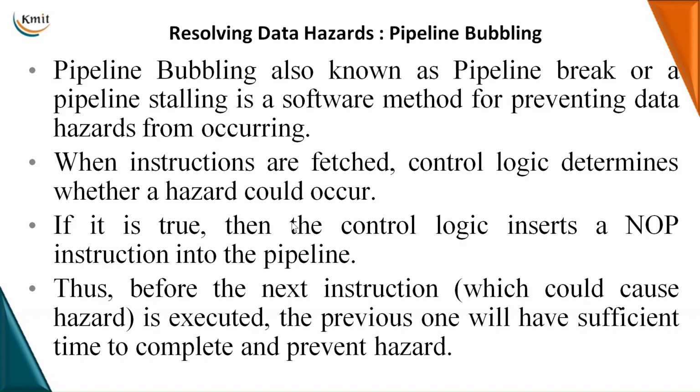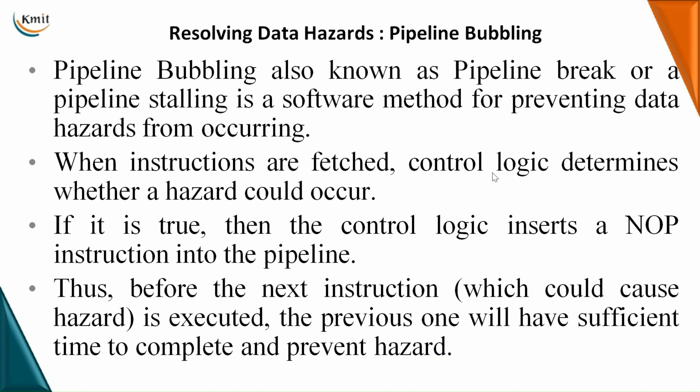Whenever instructions are fetched, the control logic present internally has to determine whether there is a possibility of a hazard situation in the pipeline. If it identifies a possibility of a hazard, then it has to insert NOP instructions into the pipeline. So you implement the pipeline bubbling technique in the pipeline with the help of an NOP instruction.